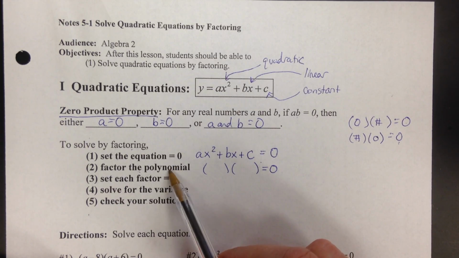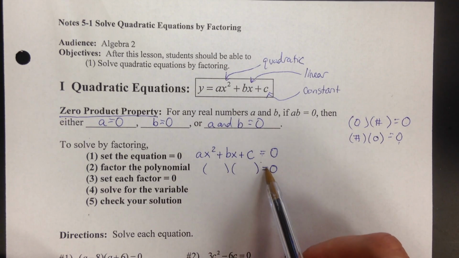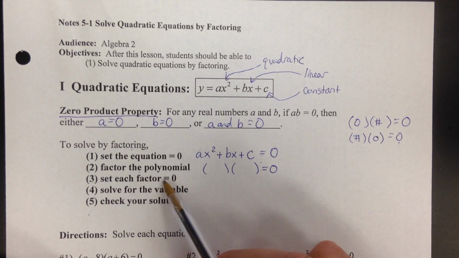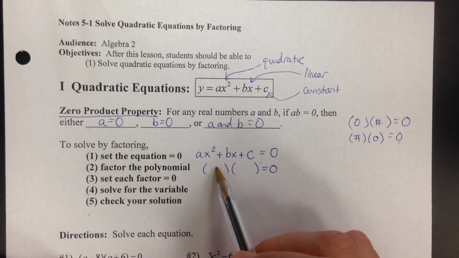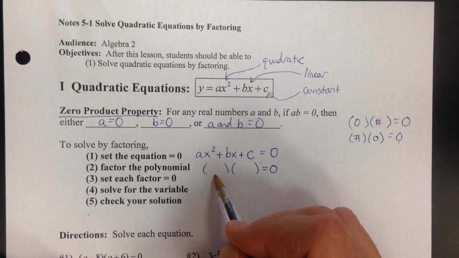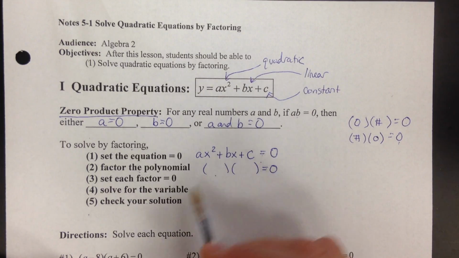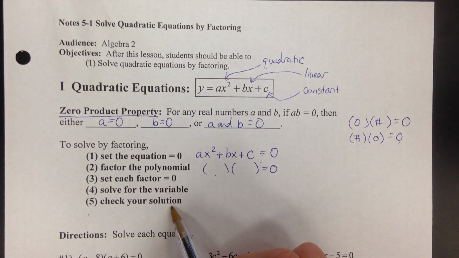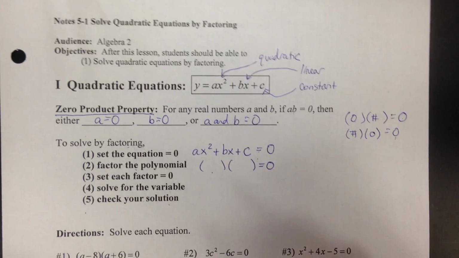We're using factoring, but now in an equation. Set each factor equal to 0. Once you get the two factors, either this one is 0 or this one is 0. Solve for the variable, check your solution. This will make more sense when we get to a couple examples.